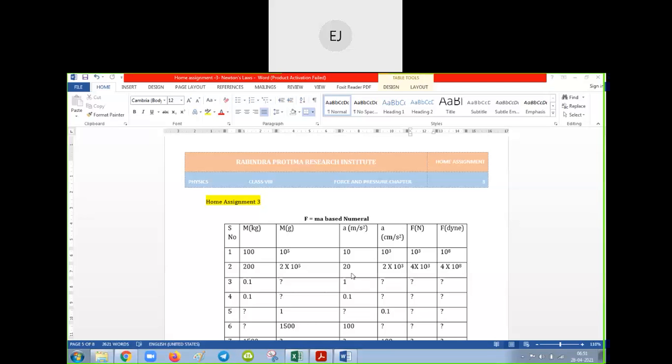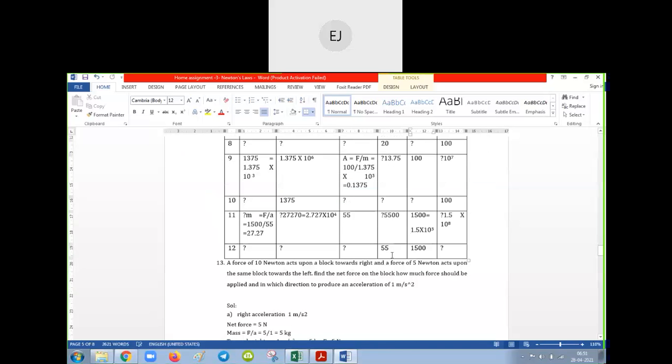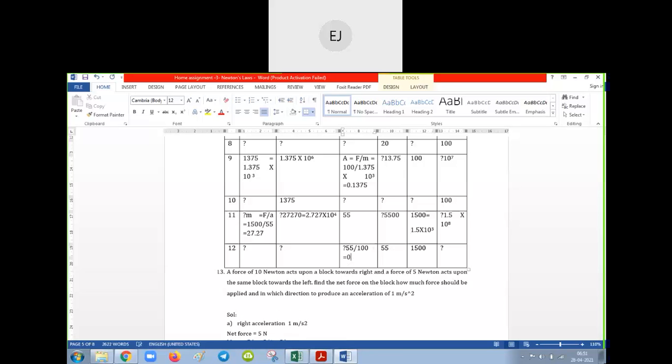Next, 12. First you convert it into meter per second square, that is 55 by 100, which is nothing but 0.55.